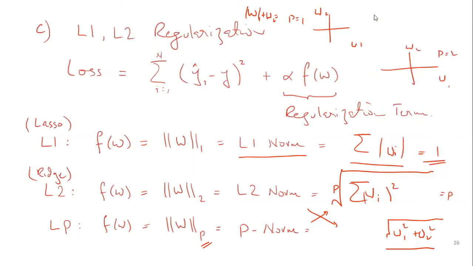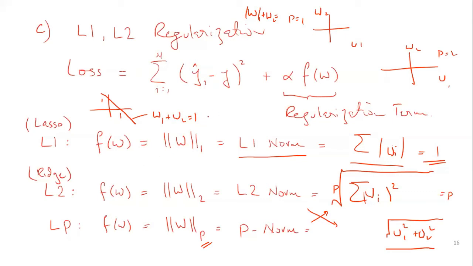So the suggestion being given is that if you have an equation which says W1 plus W2 is equal to 1, the slope is going to be negative. Y is equal to mx plus c, right? So it's going to look like this. This is the equation for W1 plus W2 is equal to 1.